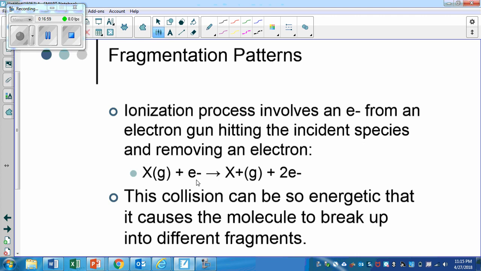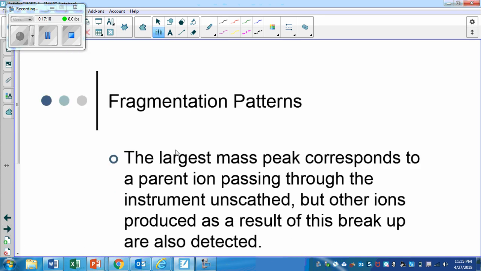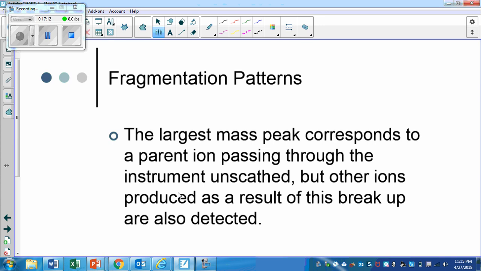Once the electron is lost, we have a gaseous compound ion, and this ion will be broken up into fragments. The largest mass peak corresponds to the parent ion. The biggest peak is the parent ion passing through the instrument, before the breakup happens.